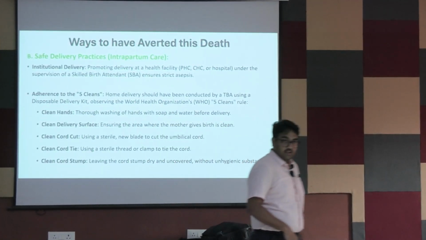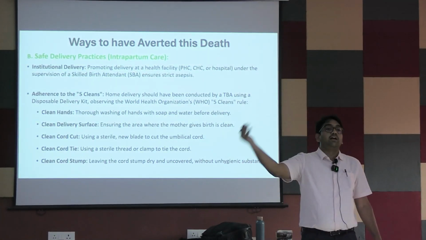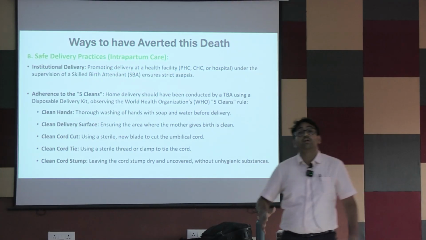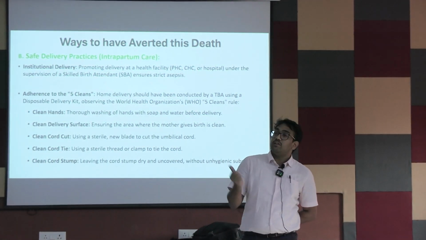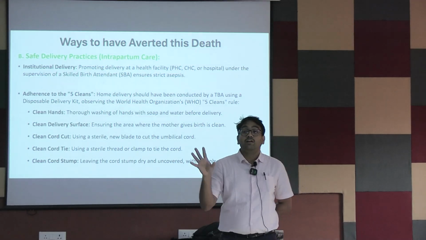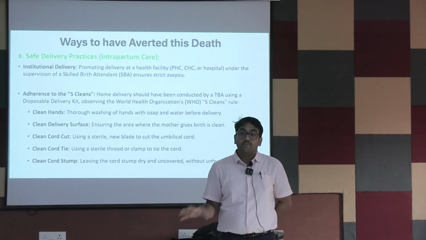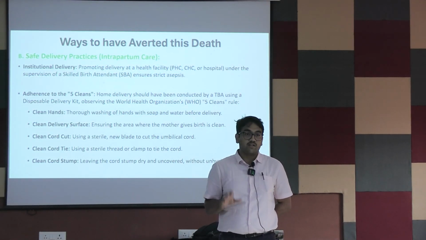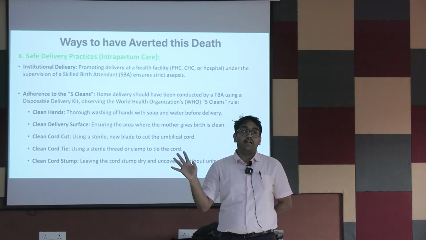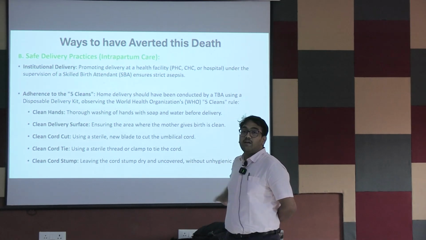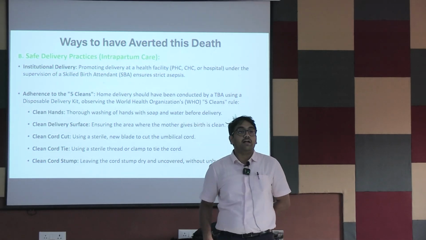safe delivery. Even if it was done at the home, at times, you know, during emergencies, some deliveries might have to be conducted at home. So even if it is conducted at home, there are disposable delivery kits that are available and under the national program provided with the ANM and the ASHA. So with the disposable delivery kits, these 5 C's can be maintained and the delivery can be conducted at home.